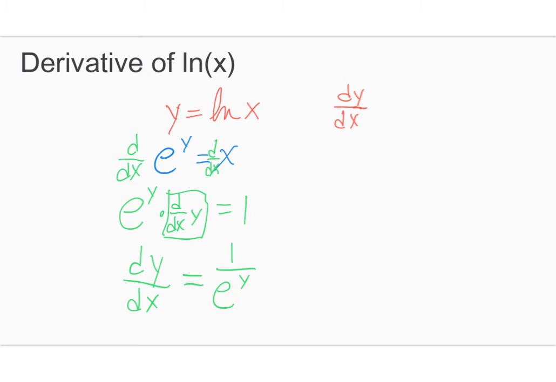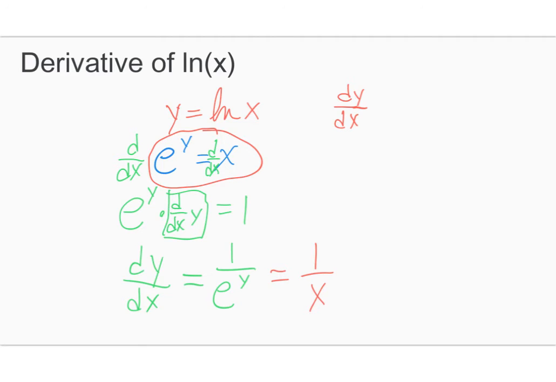The last thing I'd like us to think about here is that this is in terms of y. We'd rather have this in terms of x. But we have a way to think about e to the y in terms of x. e to the y is equal to x. So this is actually 1 over x.